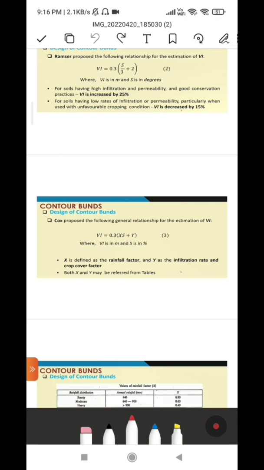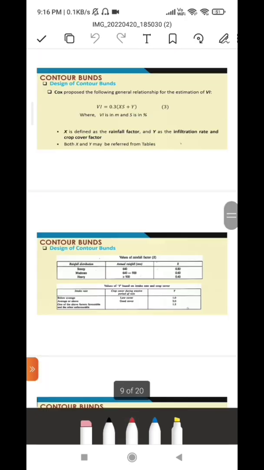Here, the vertical interval would also be calculated in meters, same as Ramser, but the slope would be in percentage, and x and y are factors that depend upon rainfall, infiltration rate and crop cover. The x is defined as rainfall factor and y is defined as infiltration rate and crop cover, and these values are already determined experimentally, and we can see them in the following table.